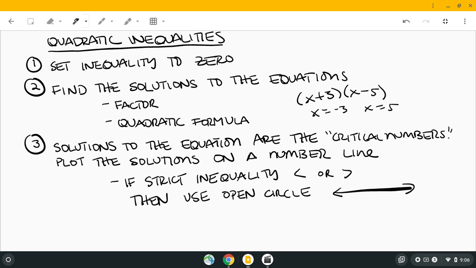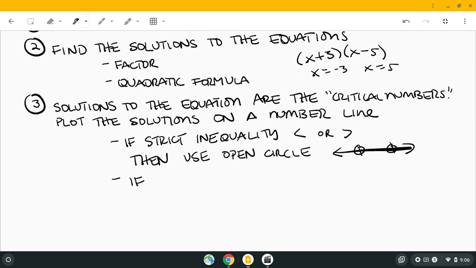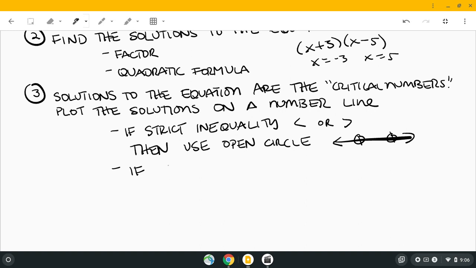If you have less than or equal, or greater than or equal, then use a closed circle.